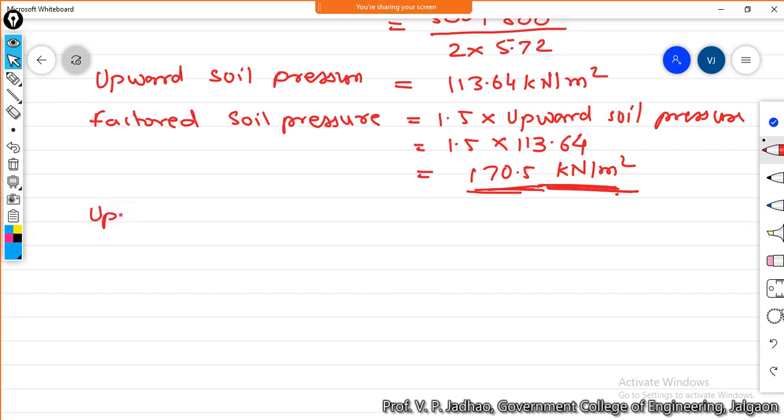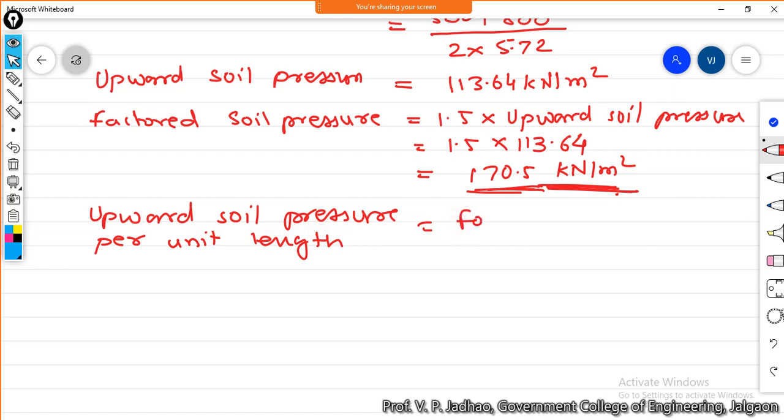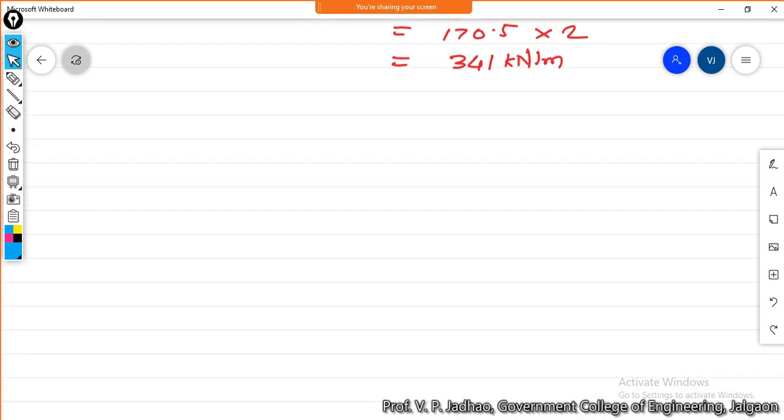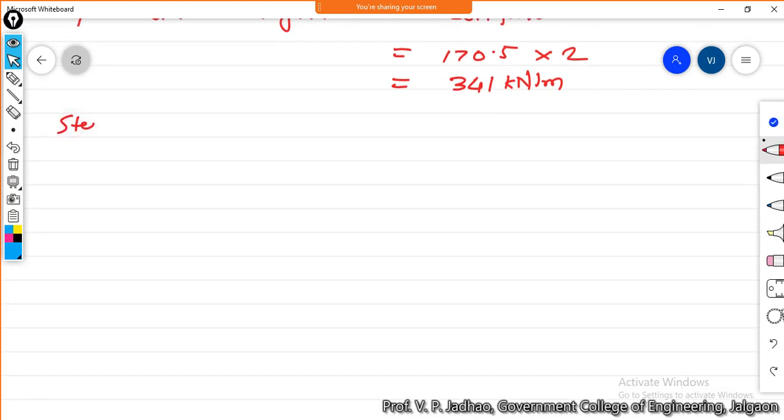So the upward soil pressure per unit length is equal to factored soil pressure multiplied by width of our footing: 170.5 times 2 gives 341 kilonewton per meter. Next, we go to step number 2.